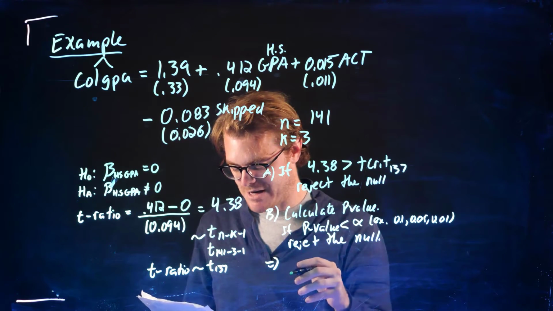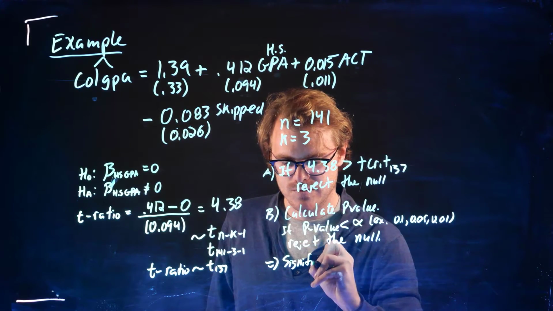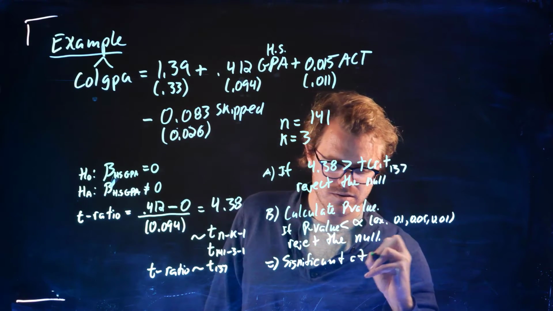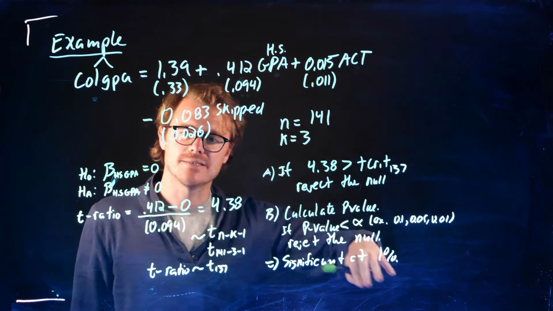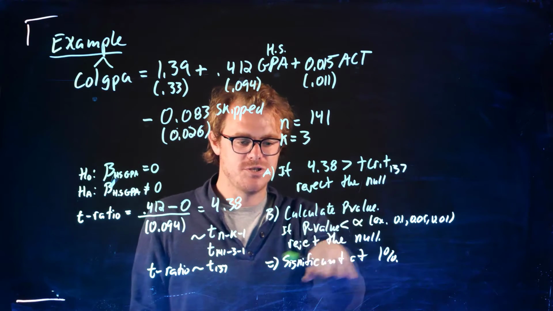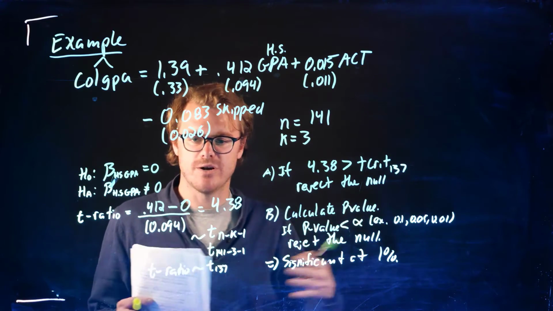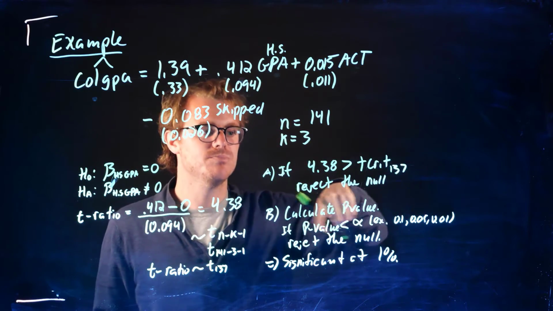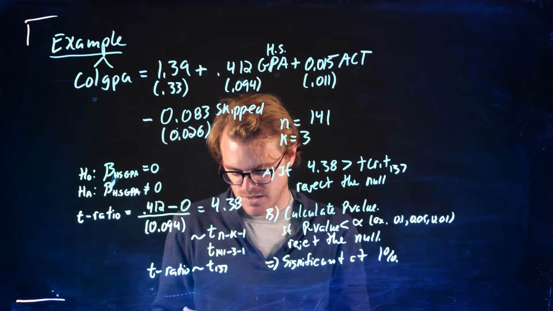In this case, if we actually looked it up, this is going to be significant at 1%. So if we actually calculated the p-value, we'd see the p-value is less than 0.01. But otherwise, if you don't know and you can't tell, say on a midterm where you don't have enough information, you'd have to look up the critical value or figure out what the p-value was.